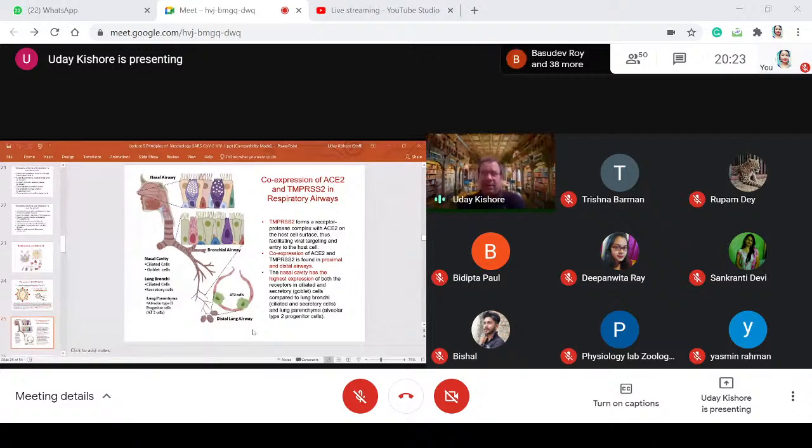And the high expression is also there in the ciliated goblet cells, the cells which produce mucus, etc. In other words, it explains why a number of people, especially young people, carry the virus in their nasal secretions or nasal cavities, but they still don't go down with the disease.